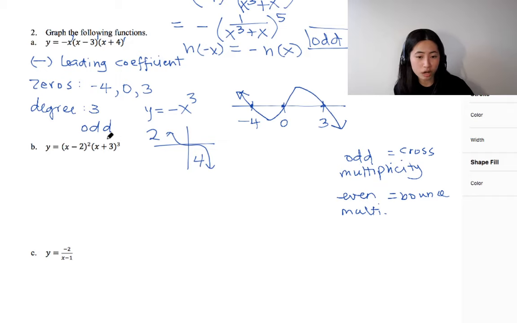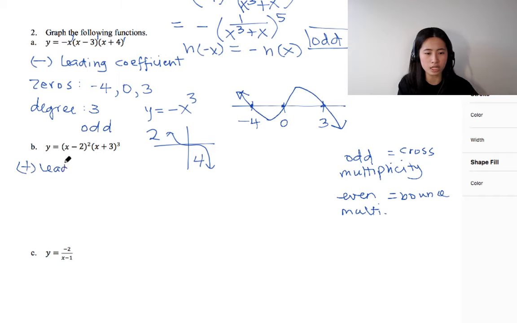Let's say your exponent or multiplicity in this case is odd, but it's greater than 1, you have what you call an inflection point. So instead of just crossing, say for example, let's plot this together. So we now have a positive leading coefficient. I'm just going to abbreviate coefficient as co-f.